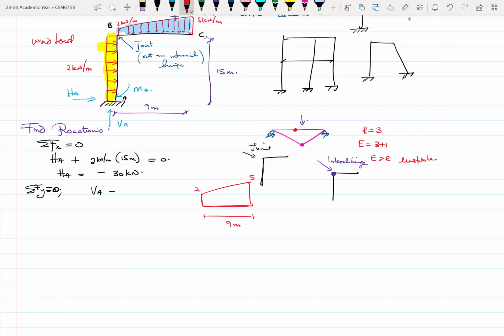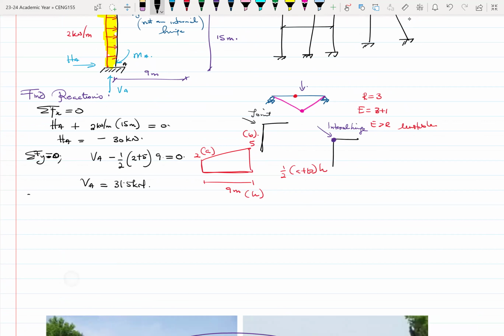The area of a trapezium is half A plus B times H, right? So here, this is your H, this is your A, and this is your B. All right. So it can be VA minus half of 2 plus 5 times 9 equals 0. So VA here will be equal to, what did I have? 31.5 kilonewtons.